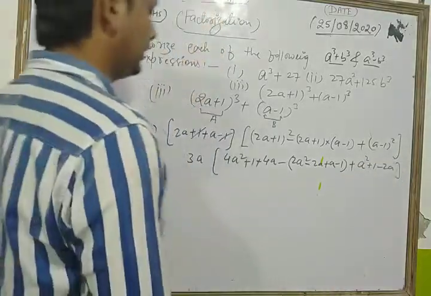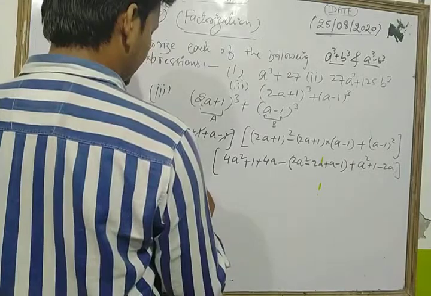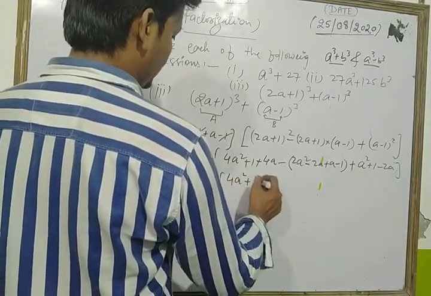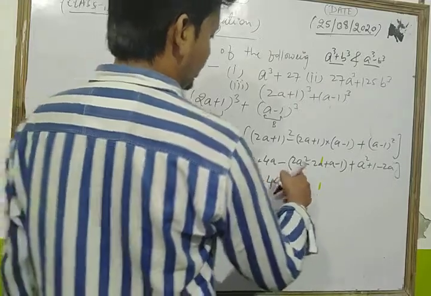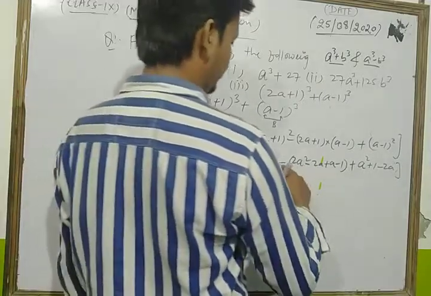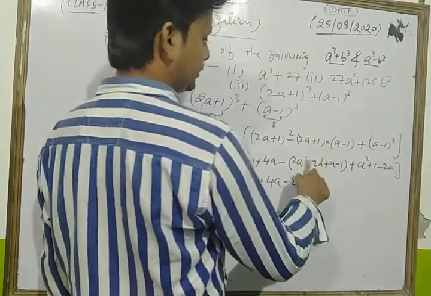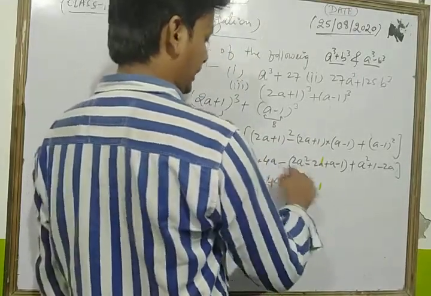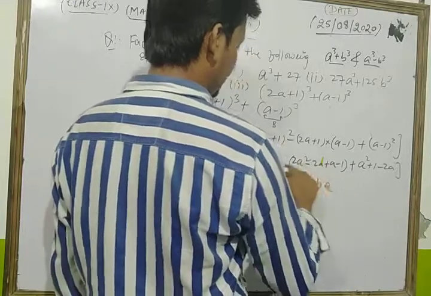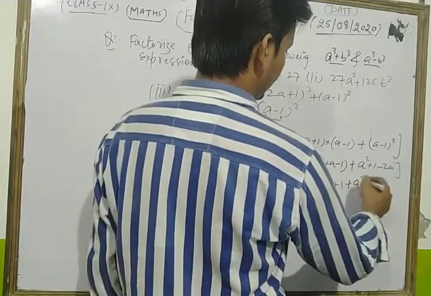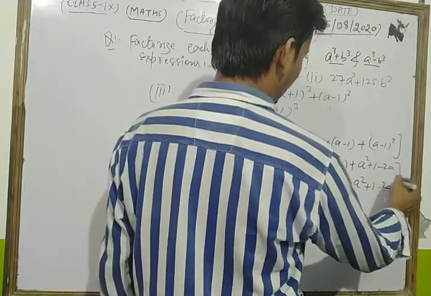Now solving that expression, we get 3a and in bracket 4a square plus 1 plus 4a. Now break the brackets, we get minus 2a square, minus a plus a remaining, and minus 1 plus 1. Now we write a square plus 1 minus 2a.